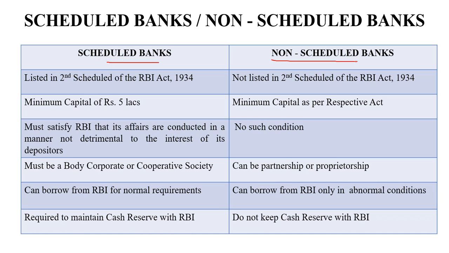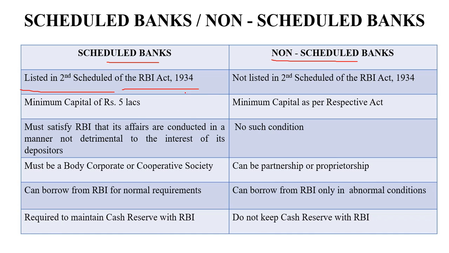So once the banks fulfill the conditions, those banks come under scheduled banks. So scheduled banks are those banks which are listed in the second schedule of RBI Act 1934.